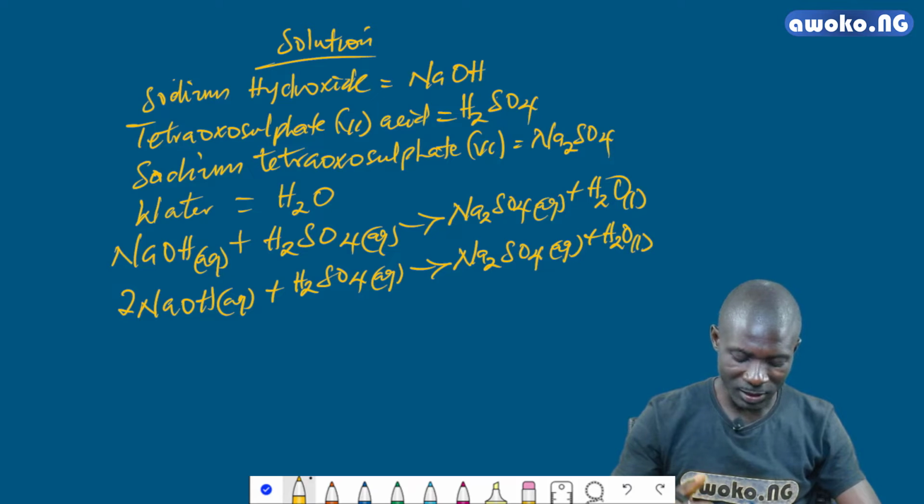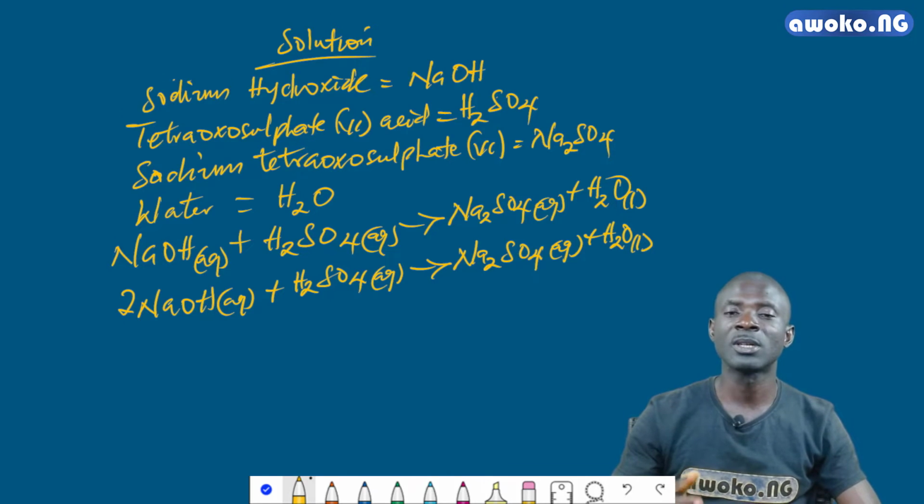Now the next element to be balanced is hydrogen. My hydrogen at my left hand side is already 4, my right hand side is 2. So in trying to balance the hydrogen, I'll simply introduce 2 moles of water to my right hand side.